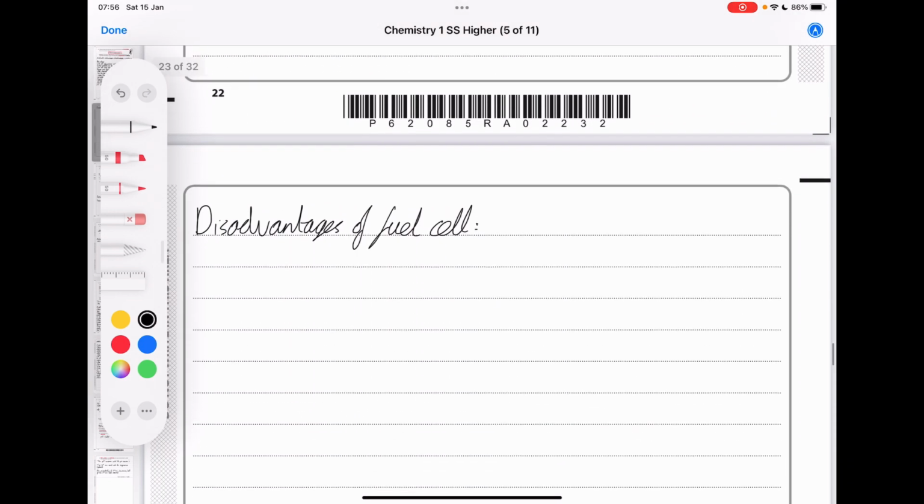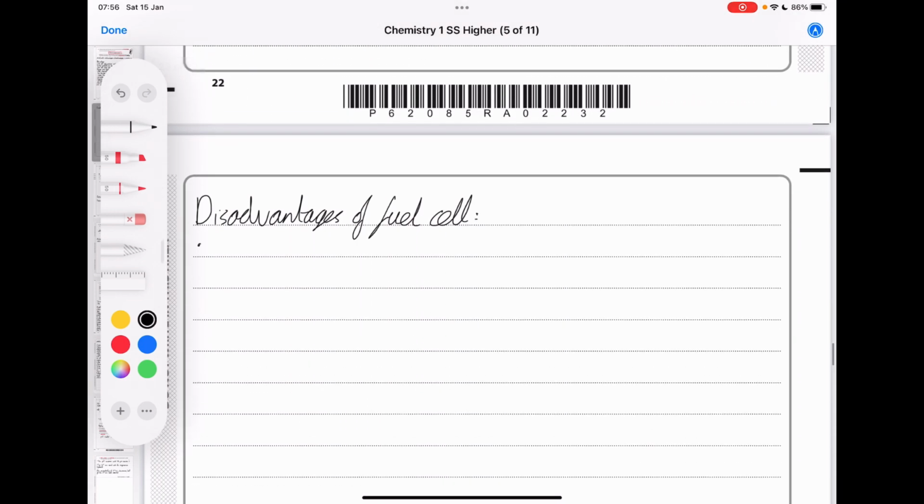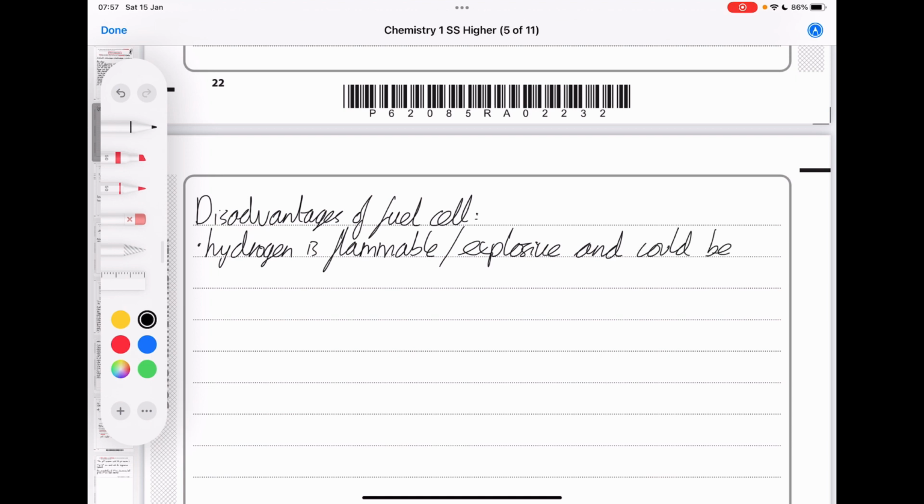So we could have put in that hydrogen is flammable or explosive in the right conditions, and therefore could be dangerous, or cause a fire.